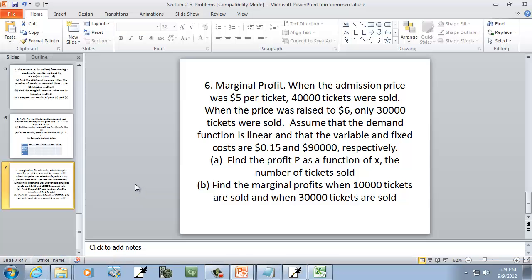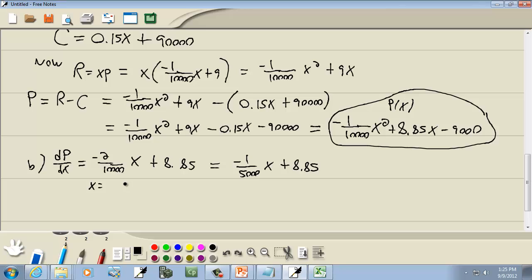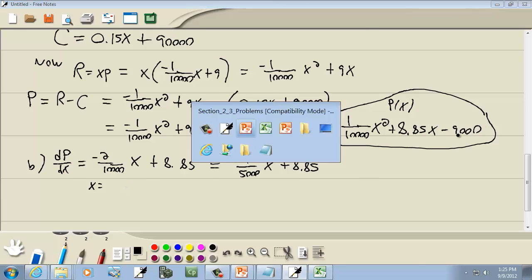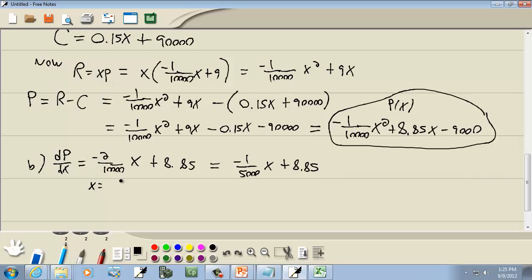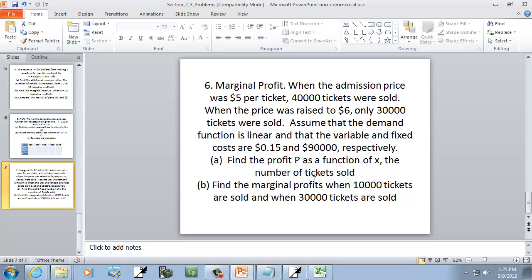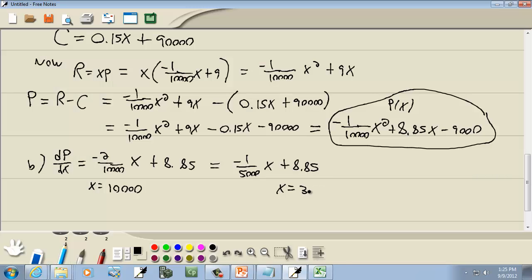Okay, so it says find the marginal profits when x is, when 10,000, yeah, x is number of tickets sold. Okay, I was thinking they gave us a y, but they don't. Okay, when 10,000 tickets are sold, and find it when 30,000 tickets are sold. So into this formula, this is our marginal profit, we're going to plug in those values.